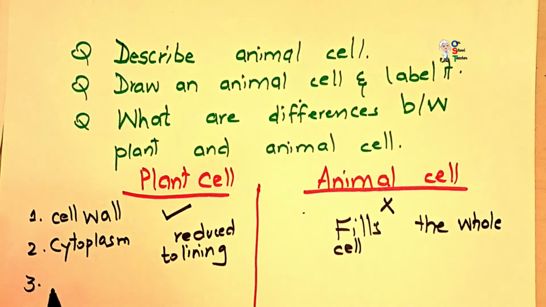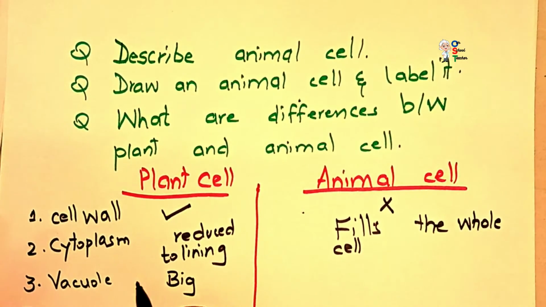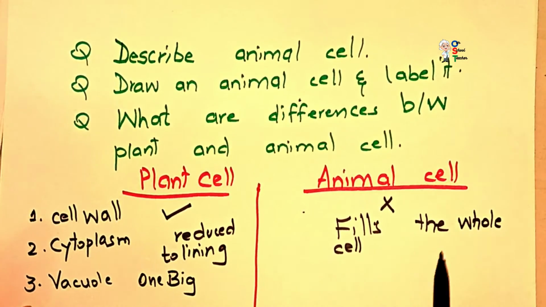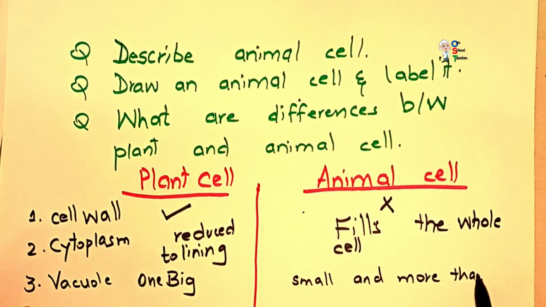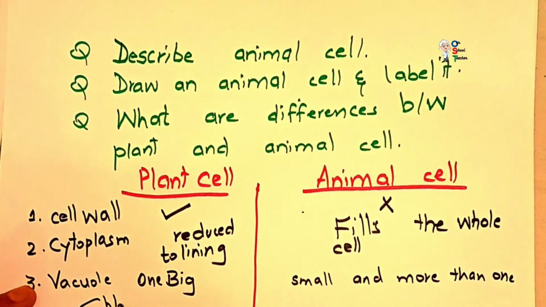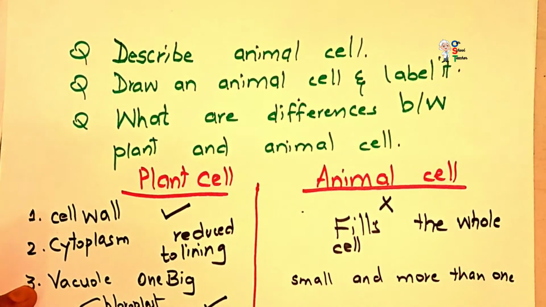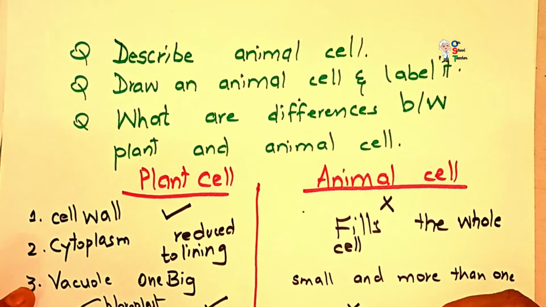Three, vacuole: one big vacuole in plant cell. As far as animal cell is considered, small and more than one. And the last one is chloroplast, present in plant cell and absent in animal cell.